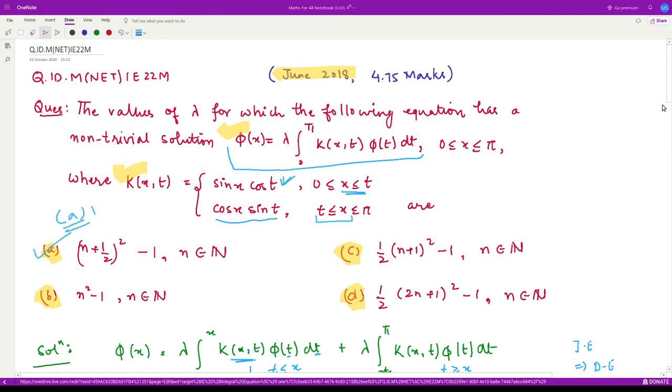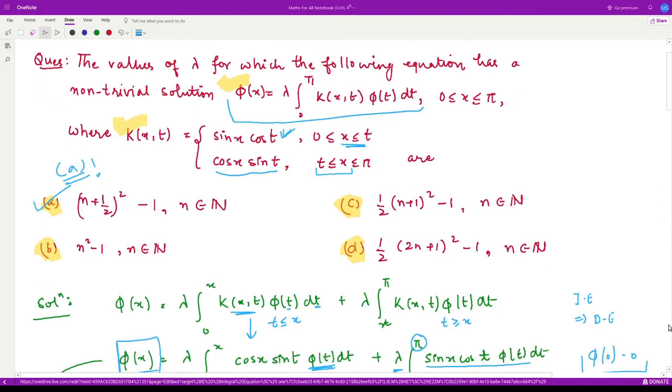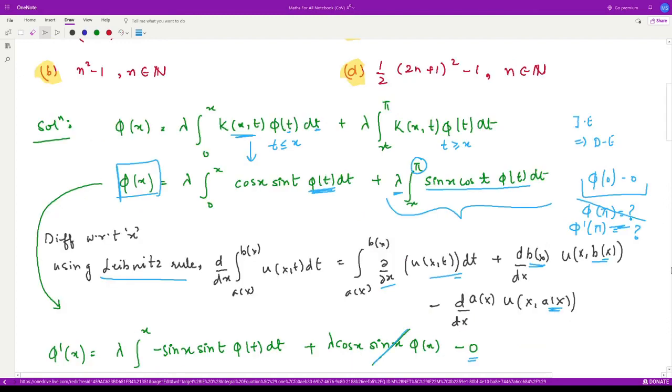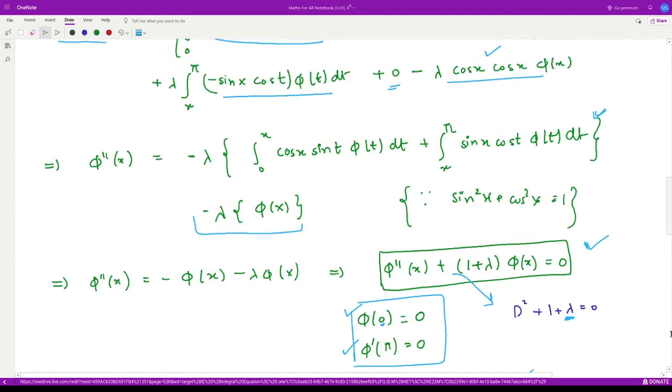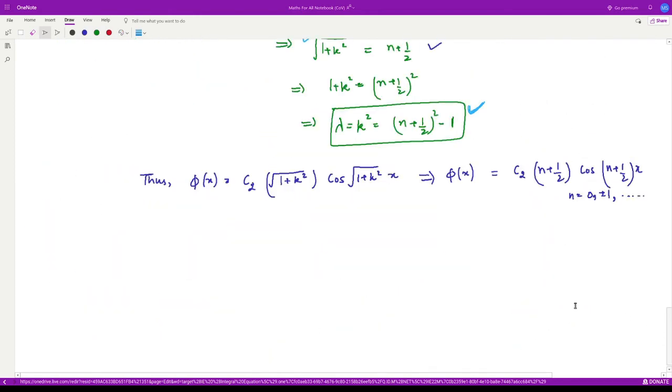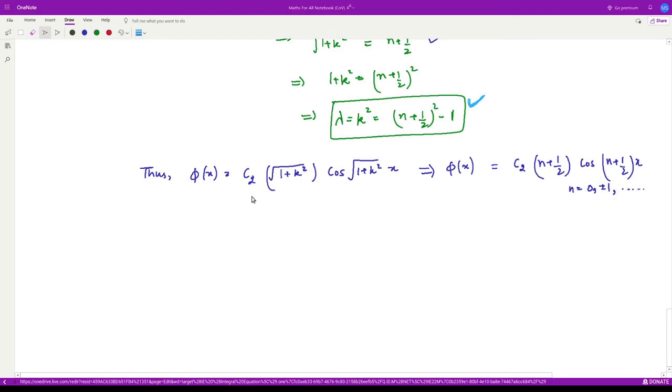Let us see the third case also, and for the sake of completeness, let us see what is the solution for this equation. The solution would be phi of x equals c2, where c2 would be arbitrary, times cos of square root of 1 plus k square, into x.